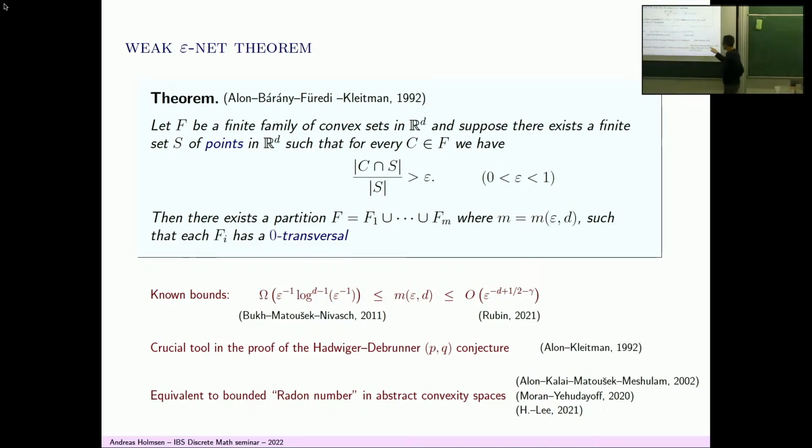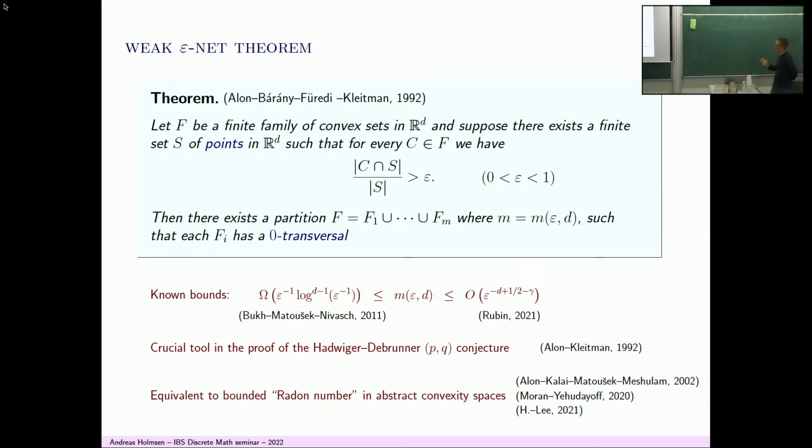And recent work, well, this is not so recent, a paper by Alon, Kalai, Matoušek, and Meshulam, and then Moran and Yehudayoff, and then myself and Dong Yi. If you combine all our results, we could prove that this is equivalent to something called bounded Radon number in a very abstract setting.